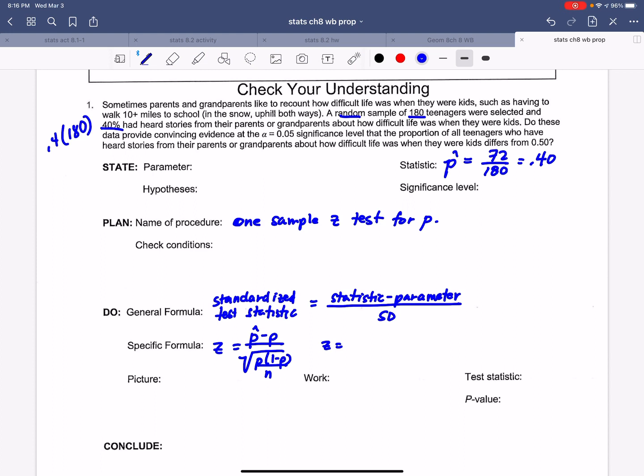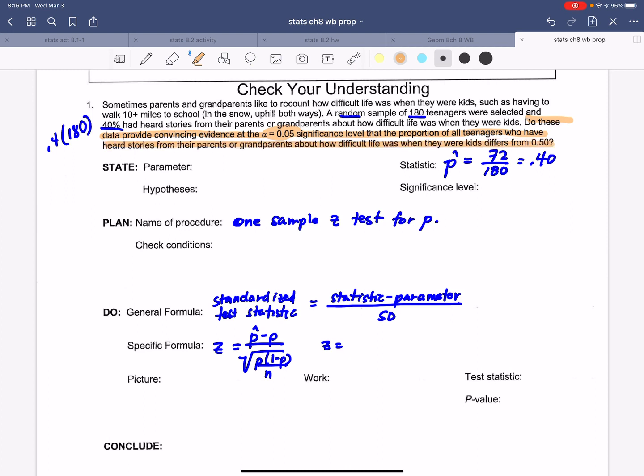Now, it says, does this data provide convincing evidence at this level that the proportion of all teenagers who've heard stories from their grandparents about how life was when they were kids differs from 50%?